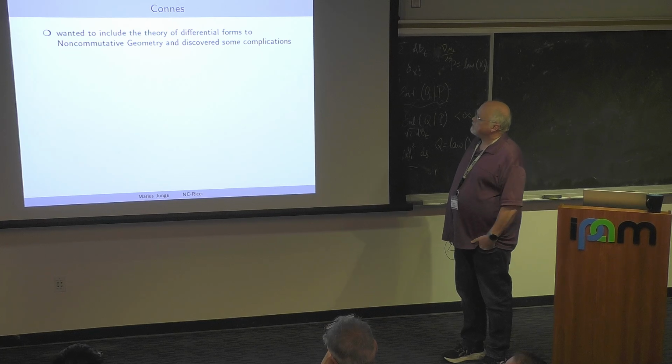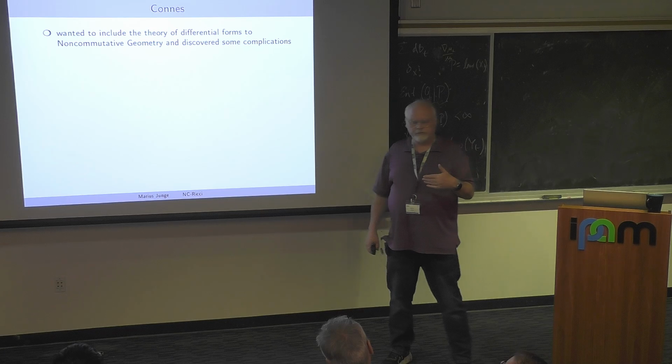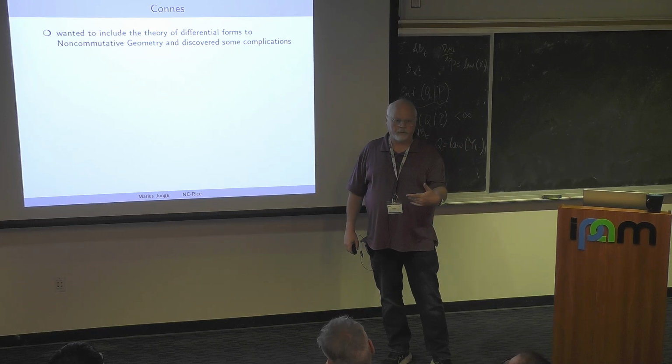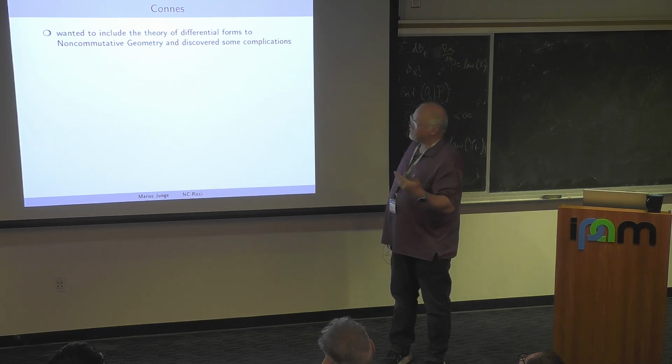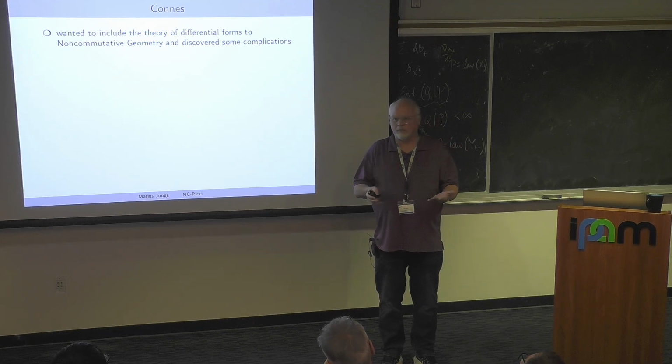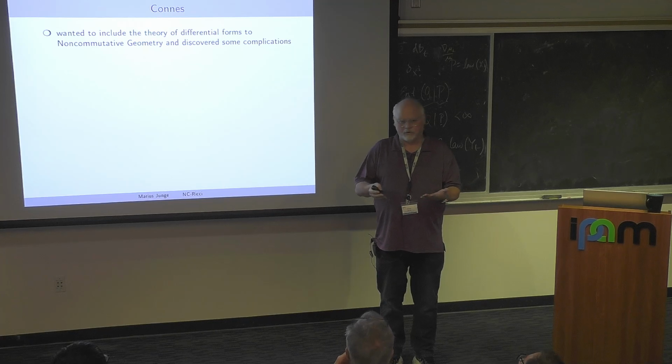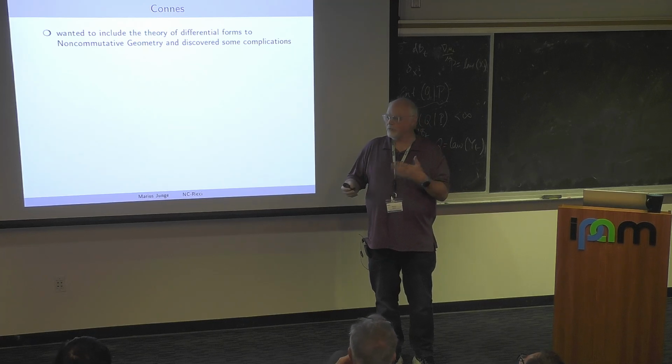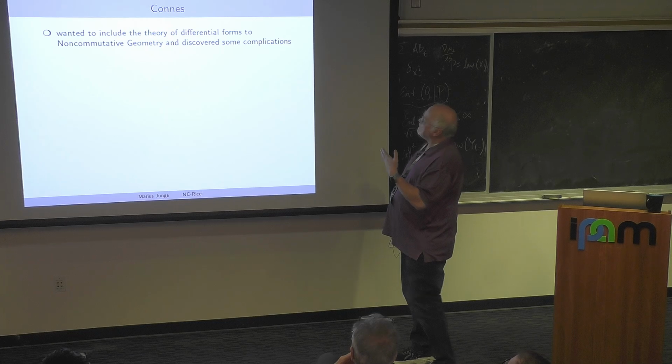I want to go a little bit to Connes's work, because he wanted to essentially do differential calculus for non-commutative objects. He realized that if you want to talk about geometry and you never talk about differential forms, you're not talking about geometry. So he worked on differential forms, and let's see what he did.